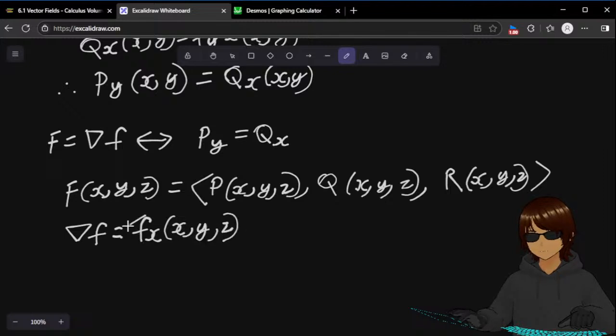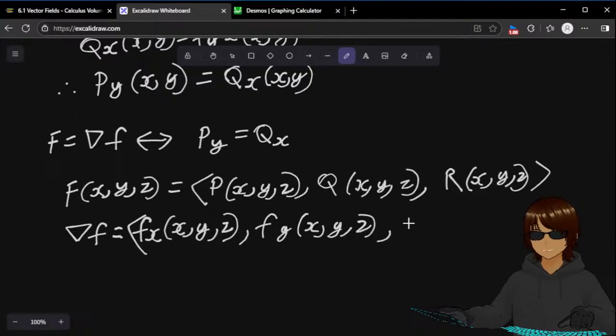So some function f derivative with respect to x, and some function f derivative with respect to y, and then some function f derivative with respect to z. So there should exist some function f such that f with respect to x gives P, with respect to y gives Q, with respect to z gives R.